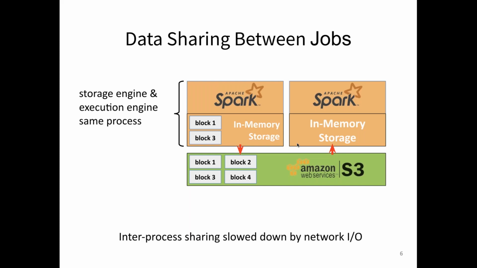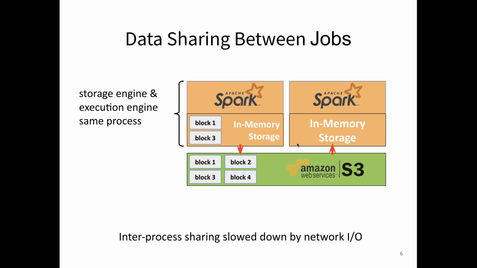The problem is that having Spark jobs, or in general application data analytics jobs, write data to S3 can be slower, and it's not very performant, and there are also consistency concerns. So it's not very ideal if you want to exchange data in this way.